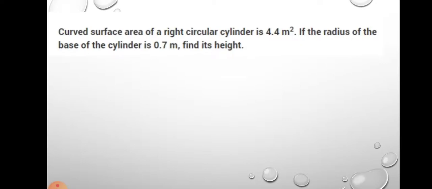Question number 6. Curved surface area of a right circular cylinder is 4.4 meter square. If the radius of base of the cylinder is 0.7 meter, find its height.